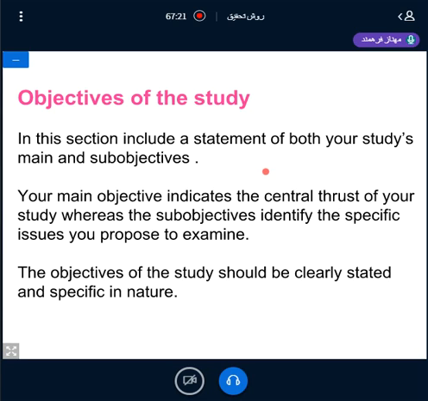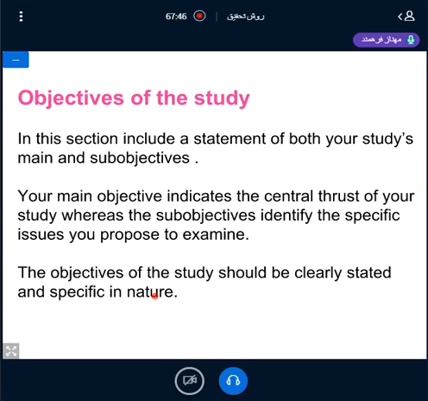Your main objective indicates the central thrust of your study, whereas the sub-objectives identify the specific issues you propose to examine. The objectives of the study should be clearly stated and specific in nature.